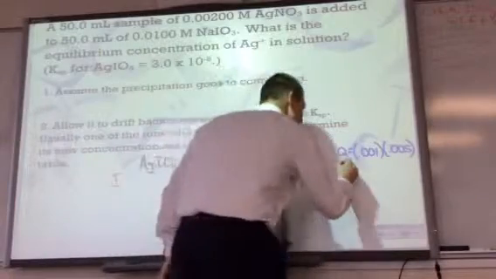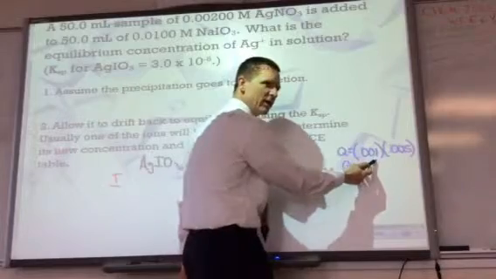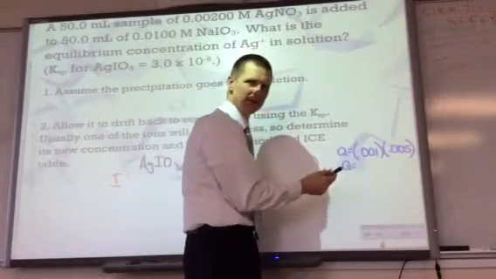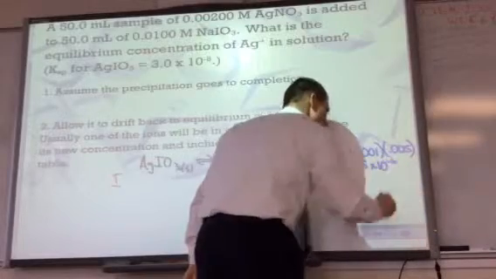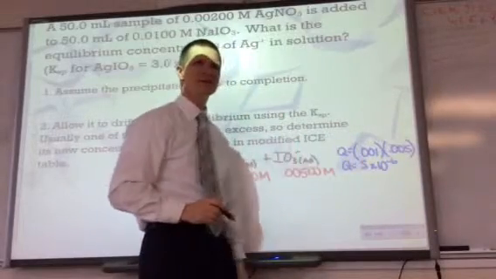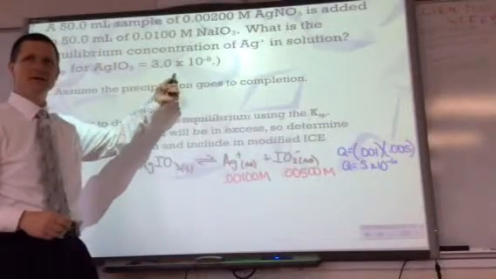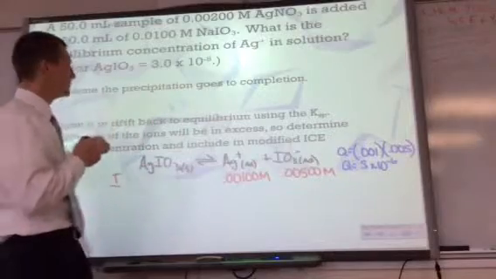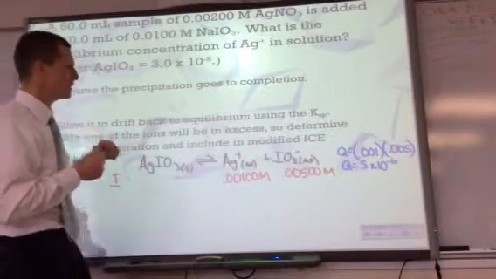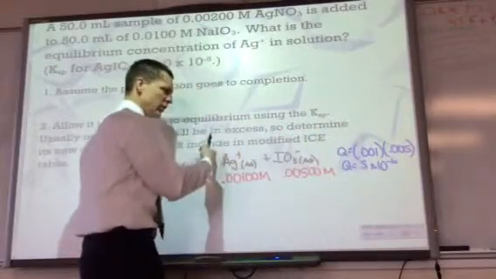That would give us 1 times 10 to the negative third times 5 times 10 to the negative third, which gives 5 times 10 to the negative sixth. Is Q bigger than K? Yes. It's a lot bigger than K, a couple hundred times bigger, at least 100 times. So yeah, this thing is going to shift to the left.